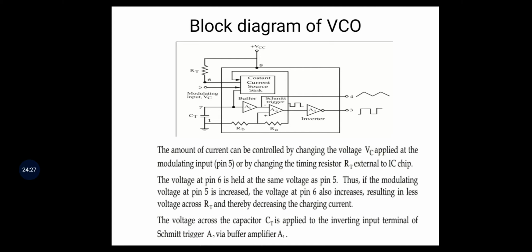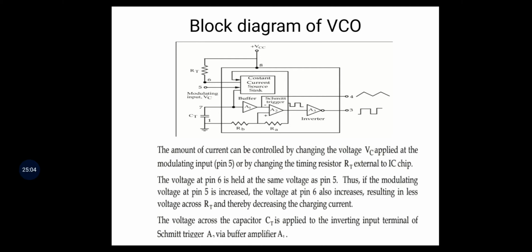The constant current source is controlled by the modulating input VC, or by changing the timing resistor RT external to the IC. We change the RT value, then the current changes, or we change the current by changing the modulating input VC.